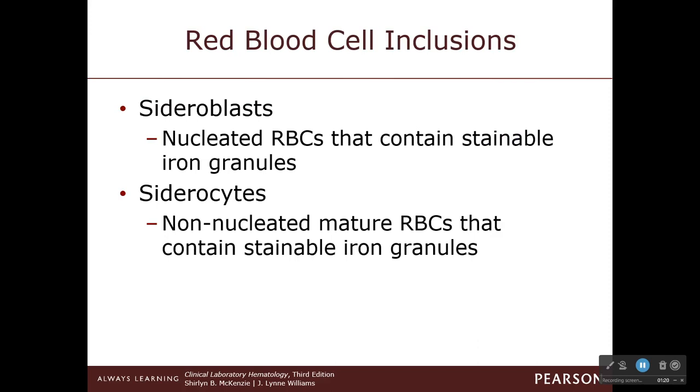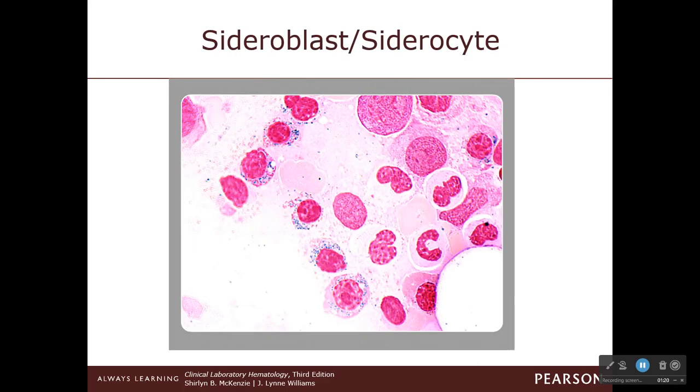We've talked about sideroblasts and siderocytes already. This is what an iron stain looks like, though. I don't think I've put a picture up there. This is an iron stain of a bone marrow. These would be sideroblasts. We'd call these sideroblasts because they're nucleated, and you can see that blue iron in it. Every erythrocyte should have some iron in it, right?